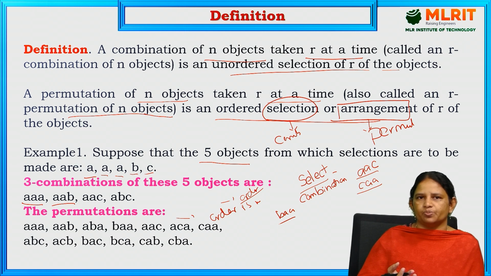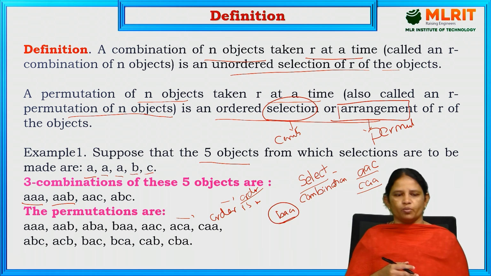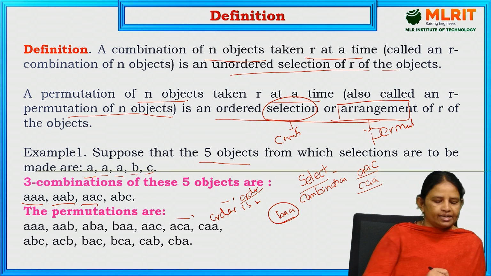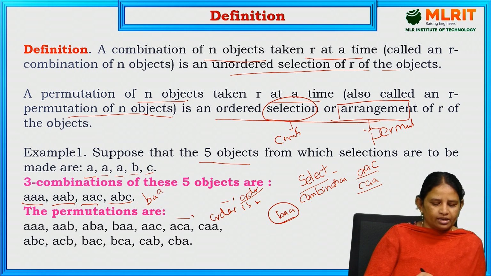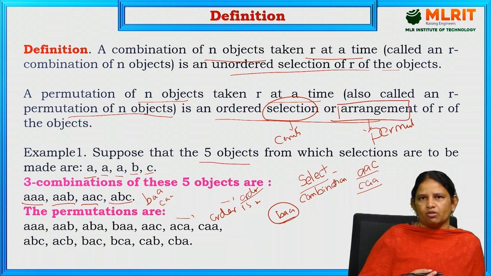How many times is B used? 1 time. So BAA is the same thing, no need to write it in the case of combination. Again AAC, then ABC. No need to write CAA because it is already there. So, how many ways can we choose from these objects? That is only 4 combinations.